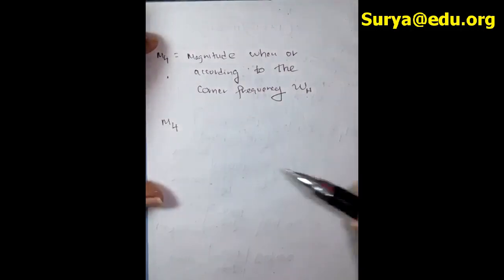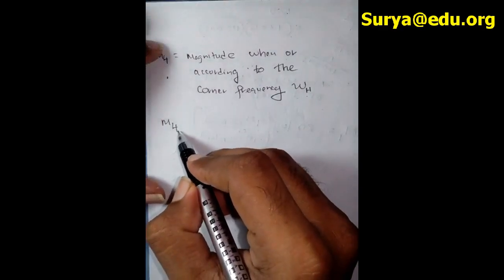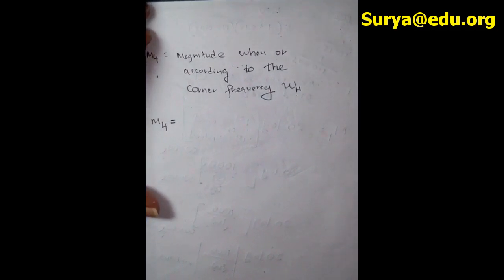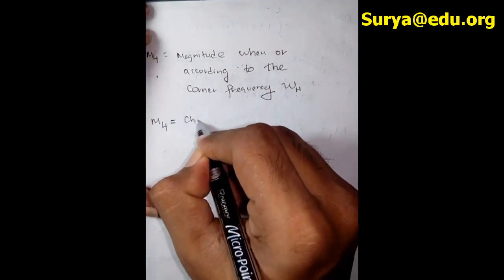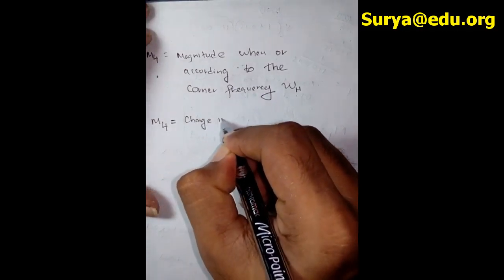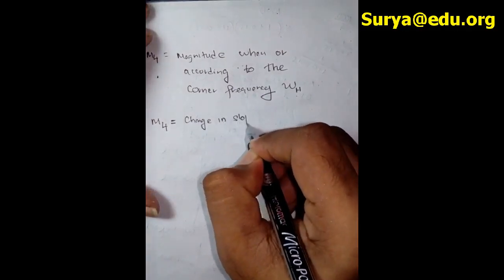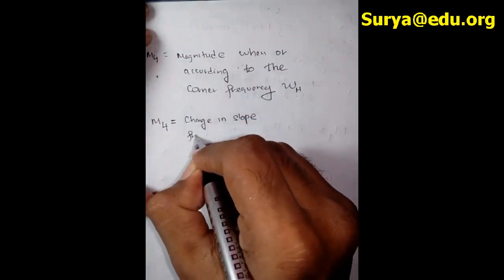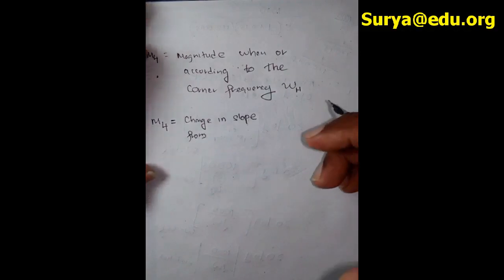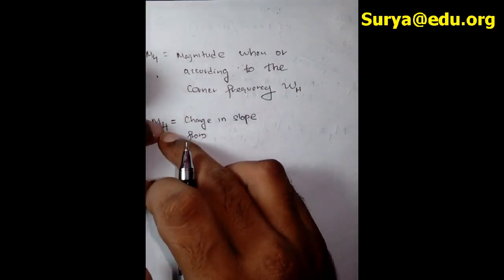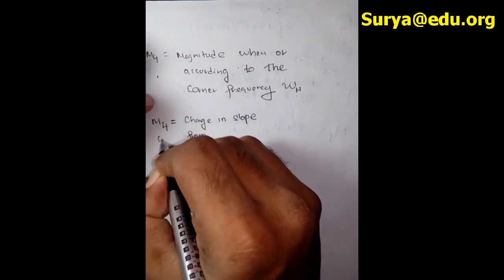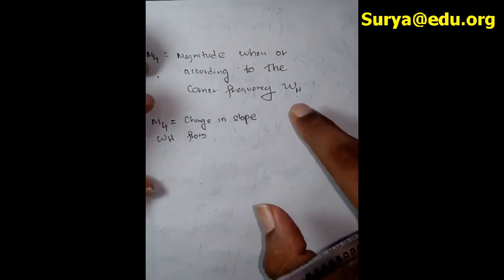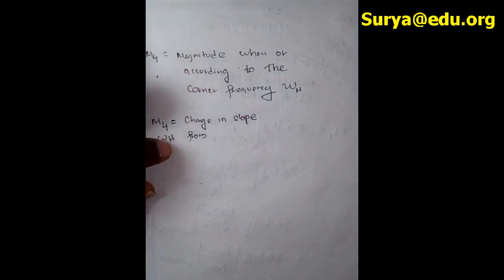So how are we going to find M4, magnitude 4? It's easy, right? So M4 equals, what is the first thing? Change in slope from the previous one. So if you consider M4 and you know M4 is related with omega h, so change in slope from previous. What is the previous frequency that you have before omega h?